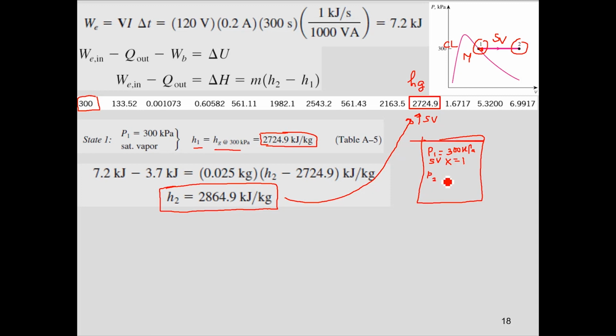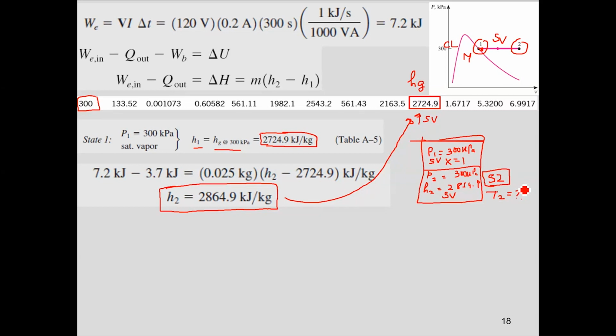And at state 2, my pressure is 300 kilopascal and my H2 value is 2864.9 kilojoules per kg, and I am in the superheated vapor region. So using this information for state 2, can I find out the temperature for my system? The final temperature, T2, can I find it out?